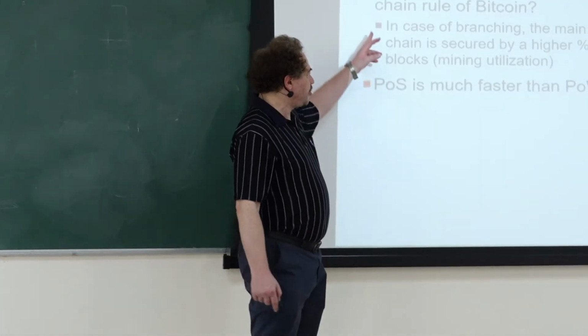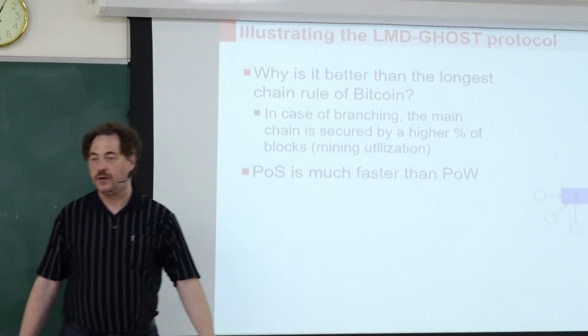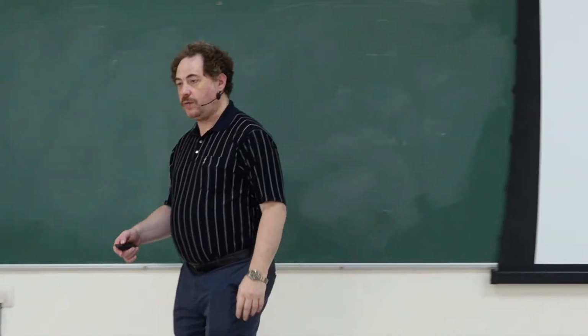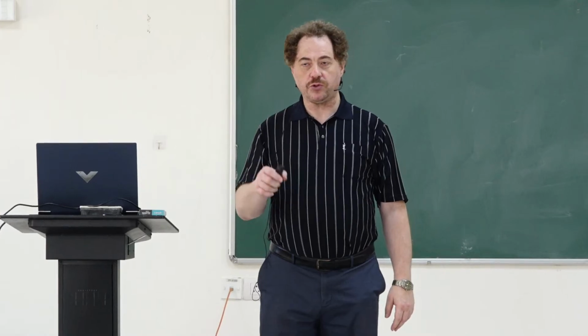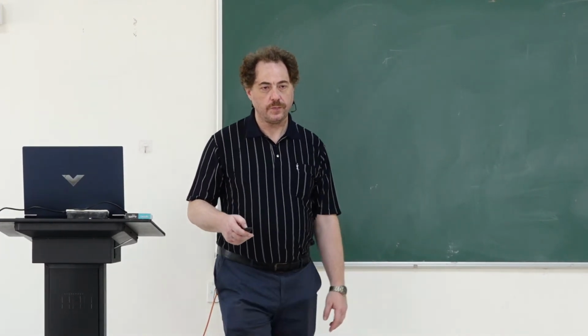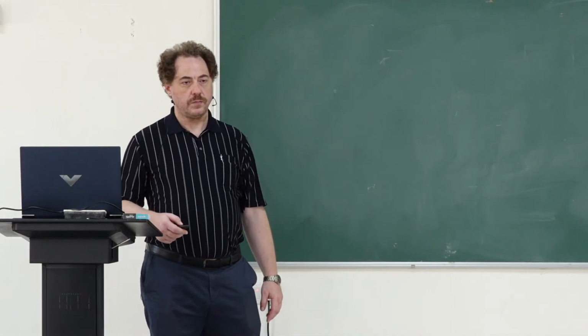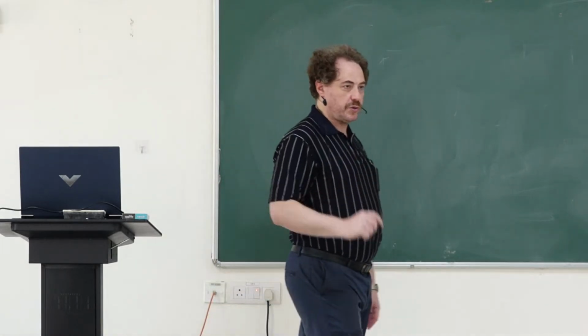So in case of branching, the main chain is secured by a high percentage of blocks, which is also called the mining utilization, the metric which we looked at when studying Bitcoin energy. The mining utilization is high in Ethereum compared to Bitcoin.